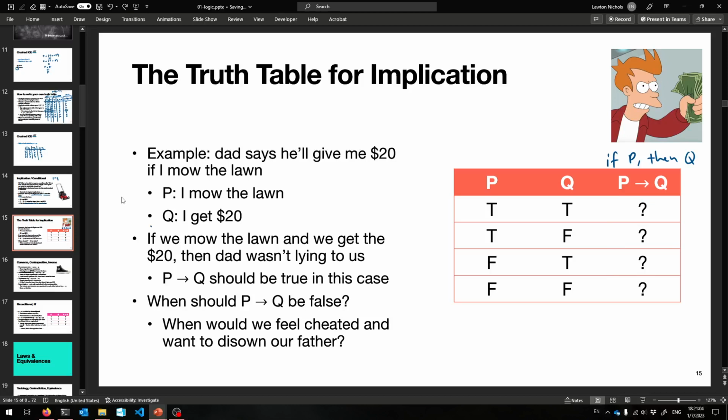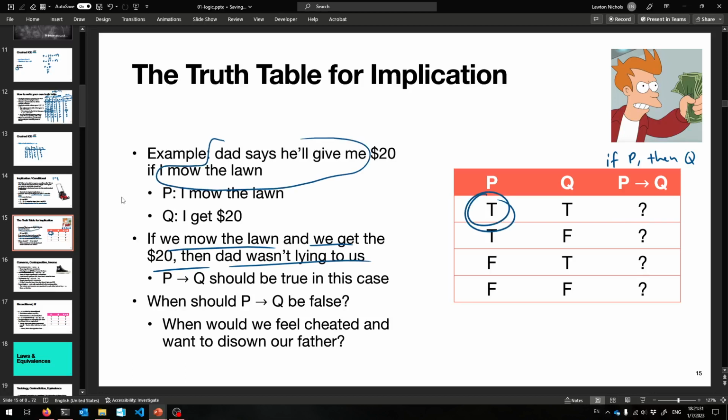So let's think about it in terms of that idea of feeling cheated if Dad lied to us. If we mow the lawn, here's the first option in English. P is true and Q is true. So I mow the lawn is true and I get $20 is true. Was the if-then statement true? If we mow the lawn and we get $20, then Dad was not lying to us, because he's saying he'll give me $20 if I mow the lawn.